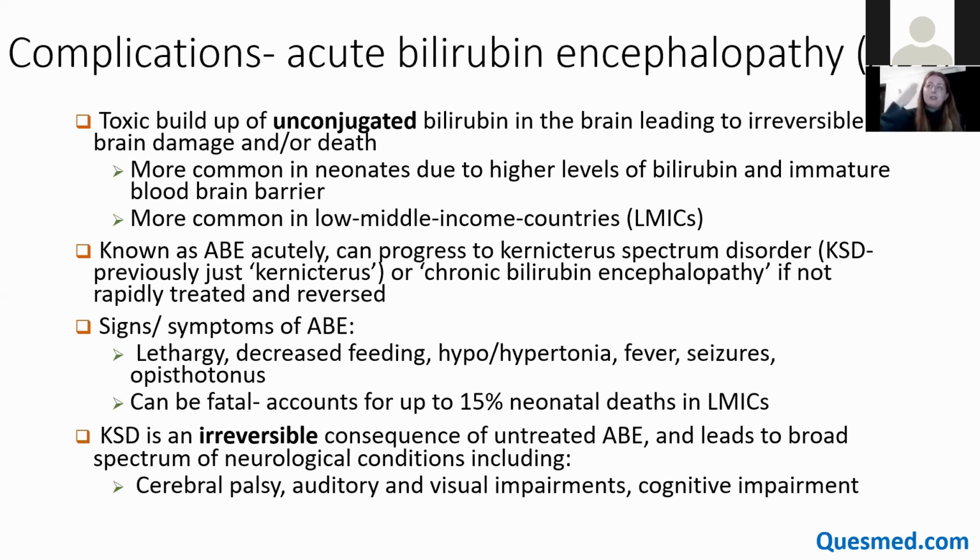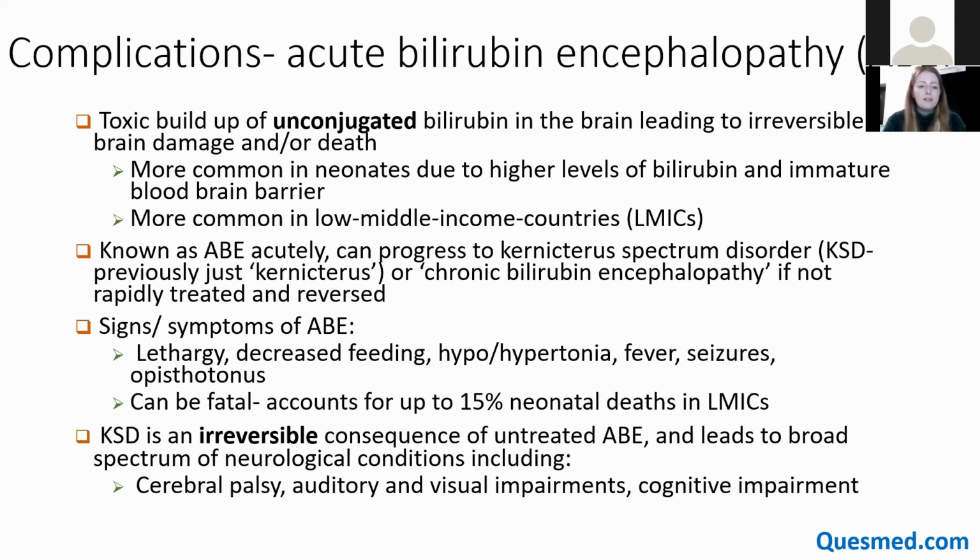When they first discovered it, they discovered it on autopsy, and the nucleus refers to the parts of the brain where you see it. They did slices of the brain and found these yellow stained parts. Kernicterus is the permanent outcome of developing an acute bilirubin encephalopathy that's not been treated or reversed.